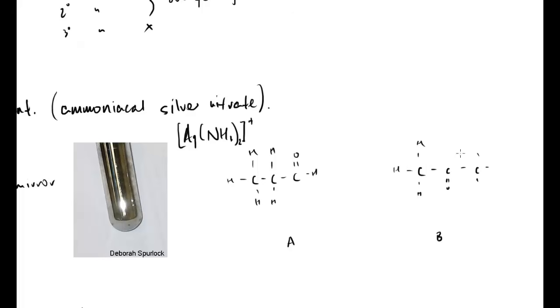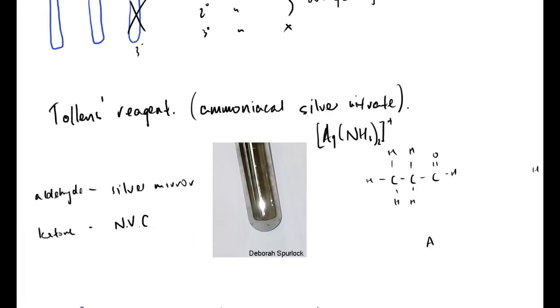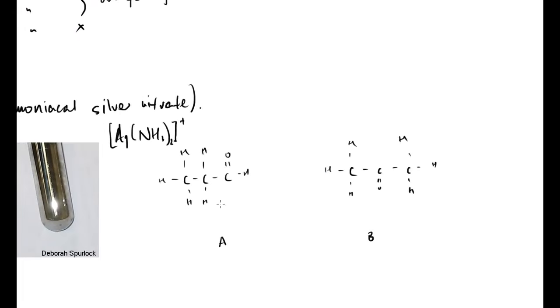The first thing is to say, and this all comes under the alcohols topic, I know that this is an aldehyde whereas this is a ketone, and therefore my test would of course be Tollens' reagent. For A, the aldehyde, I would see a silver mirror formed, and for B, the ketone, I would see no visible change.